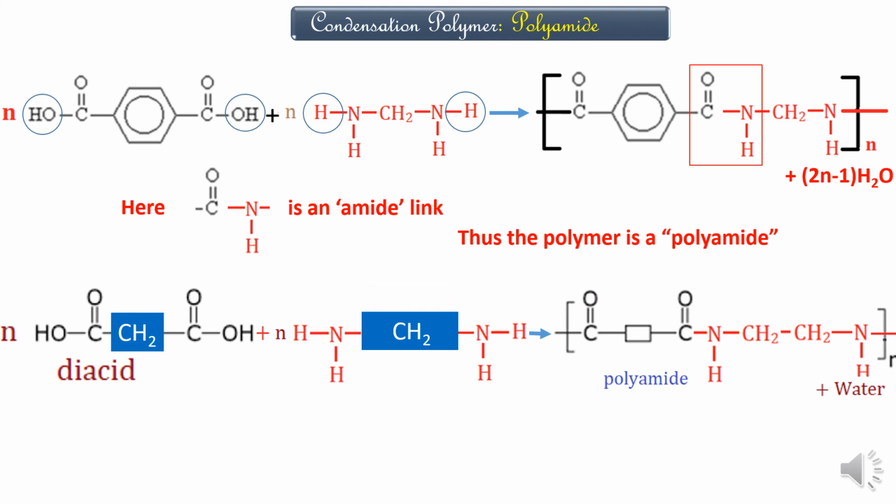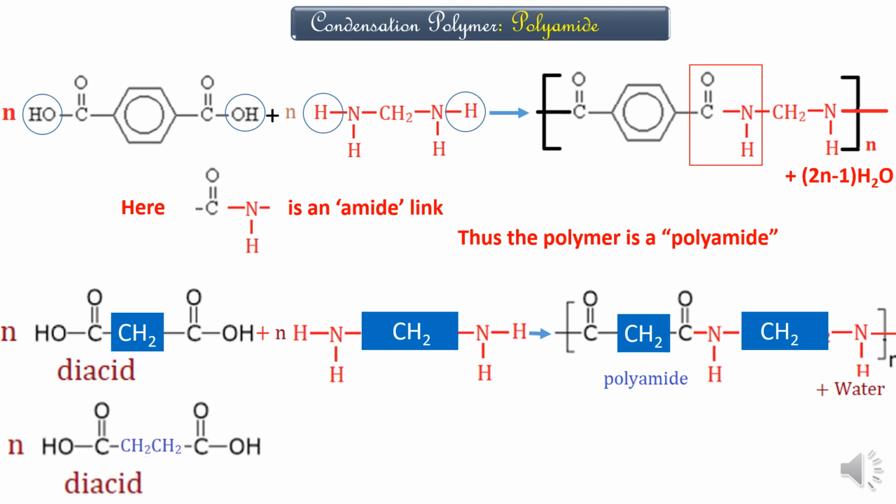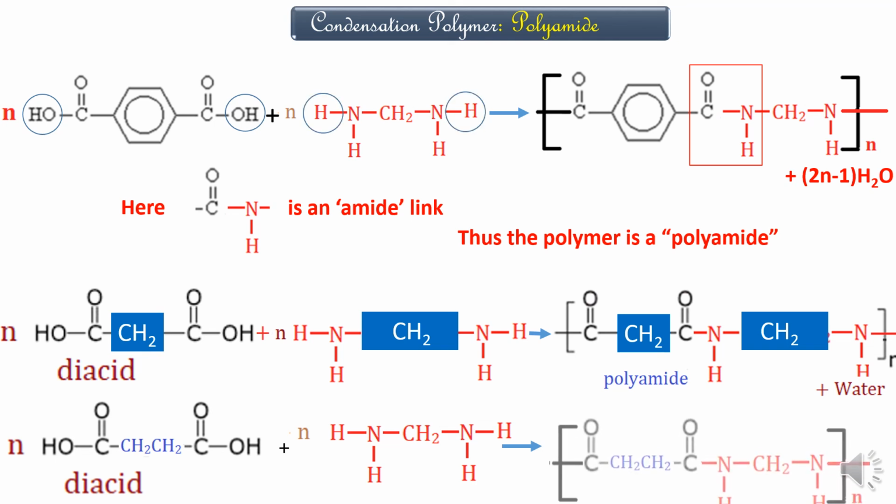If the middle portion is CH2, then the product will contain CH2. We basically don't work with the middle portion. We just keep it whatever it is. Get another example, a diacid with double CH2 in the middle and a single CH2 in the middle of the diamine. What would happen? Can you draw it yourself? Simple.